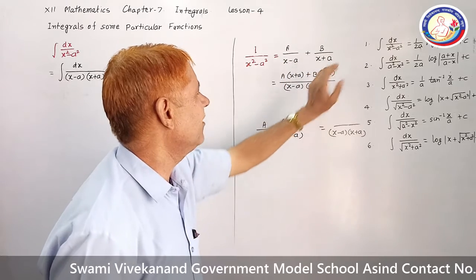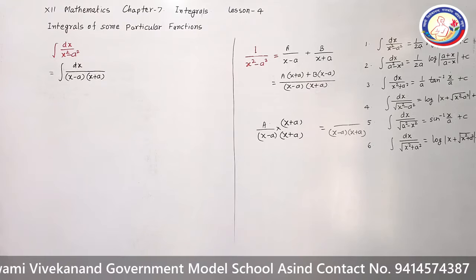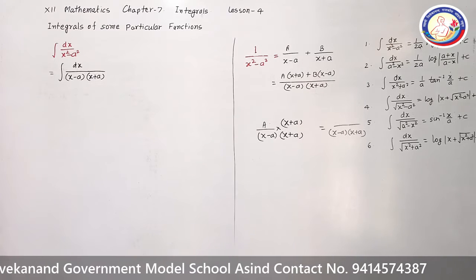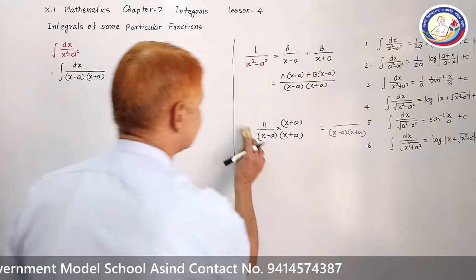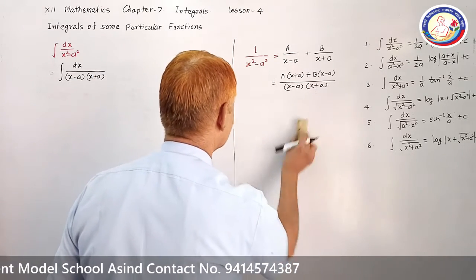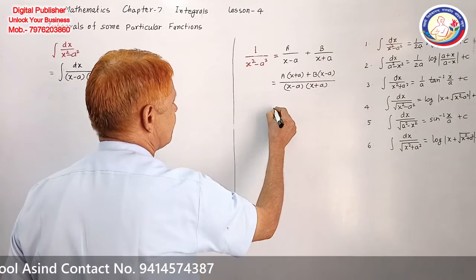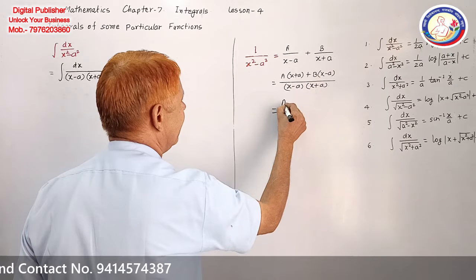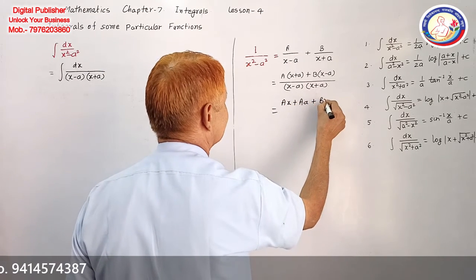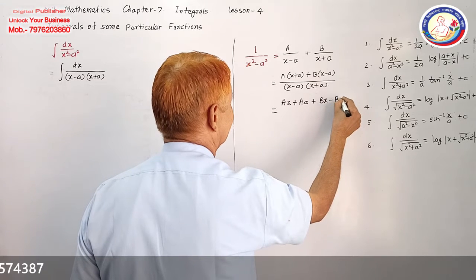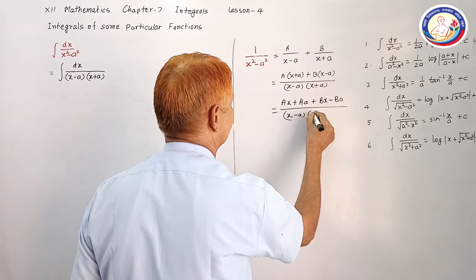If denominators are equal, then we can add fractions by adding the respective numerators, the new numerators after multiplication. So this can be further simplified: Ax plus Aa plus Bx minus Ba, divided by x minus a into x plus a.